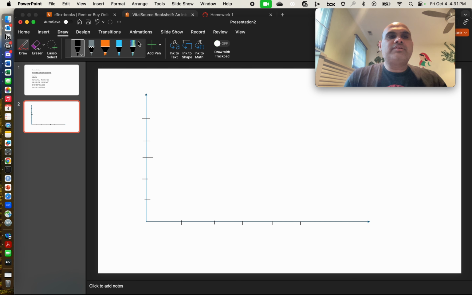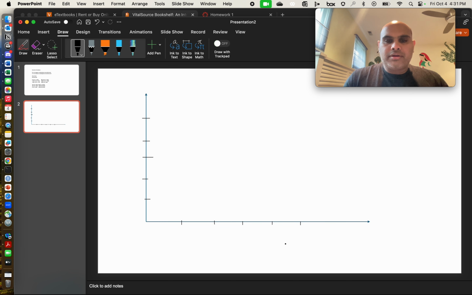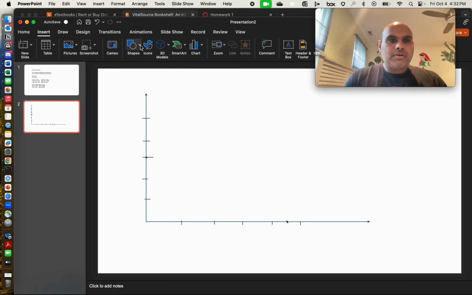Right. So with this, let's look at the first constraint. The endpoints are 900, 0, 0, 600. So if I put that down, 900, 0 will be somewhere here, and 0, 600 will be right there. Right. So let's see if this will work.